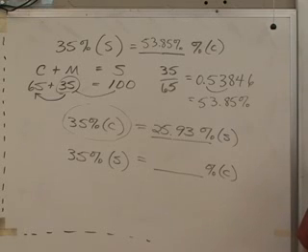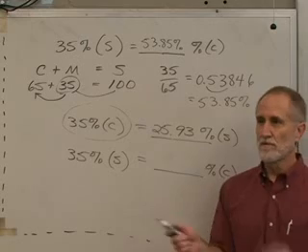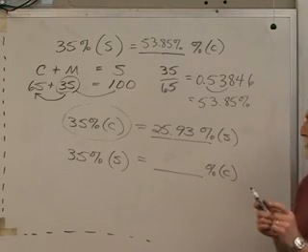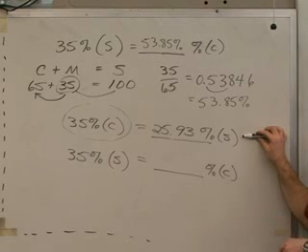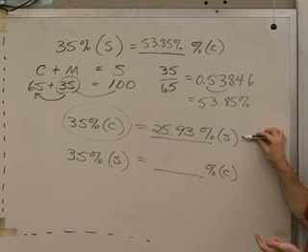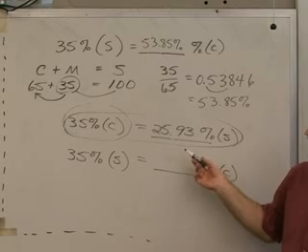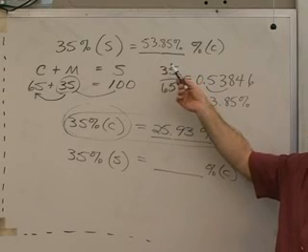Now, let's notice a pattern here. In our first example, which percentage was bigger, when it was based on cost or when it was based on selling price? Which percent was bigger? The percent on cost was bigger than the percent on selling price, wasn't it? How about here?